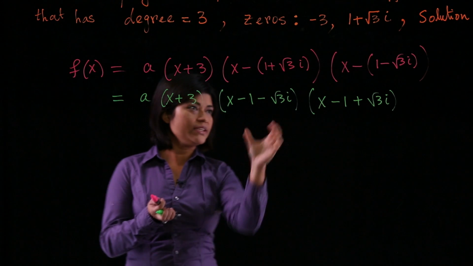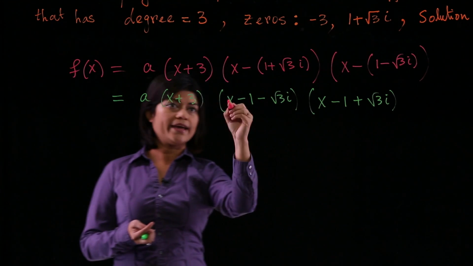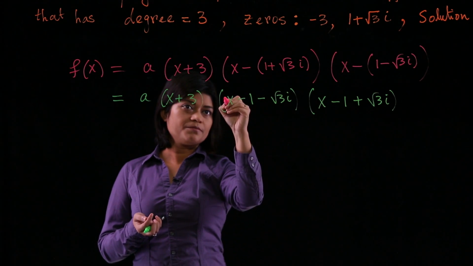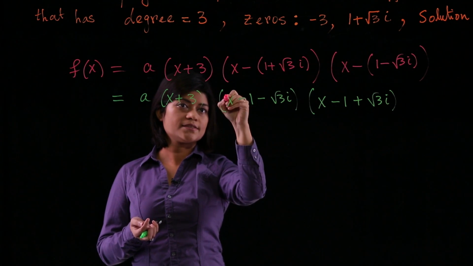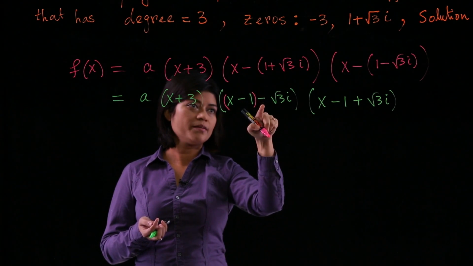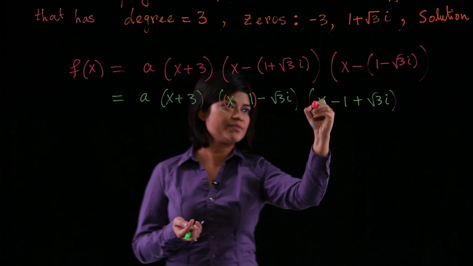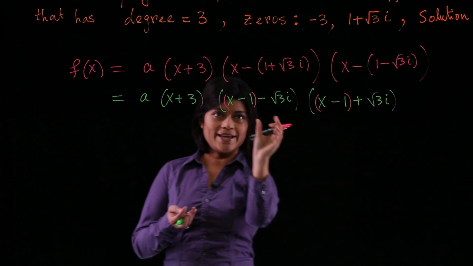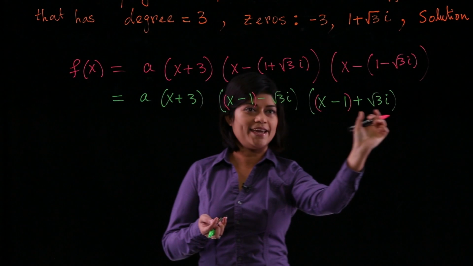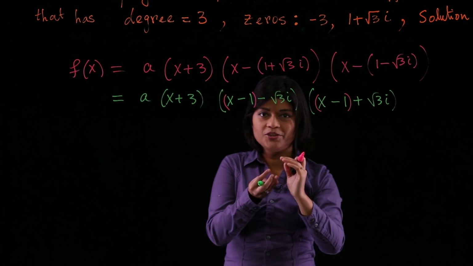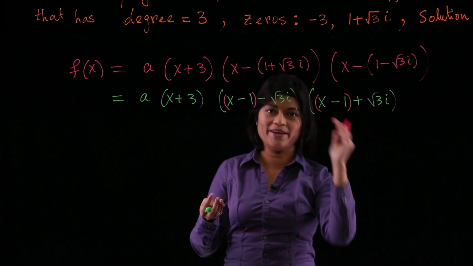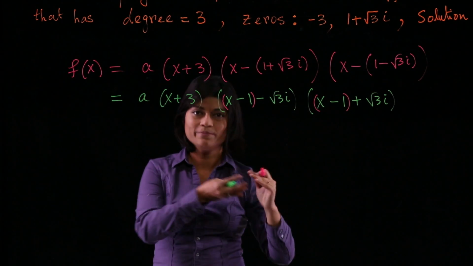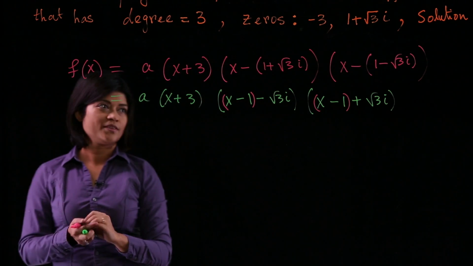Now, you can look at these 2 factors in a different way: x minus 1 minus square root of 3i times x minus 1 plus square root of 3i. This is like a minus b times a plus b. When you combine them, it's a difference of 2 squares, a square minus b square. So we can easily write that form and simplify.